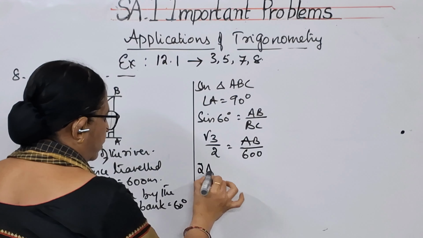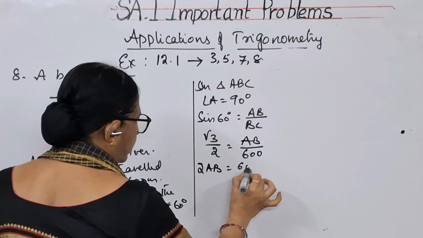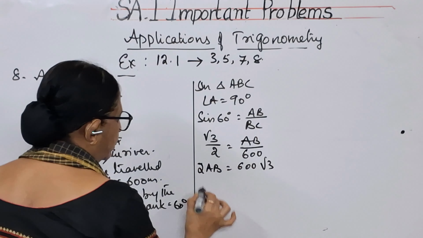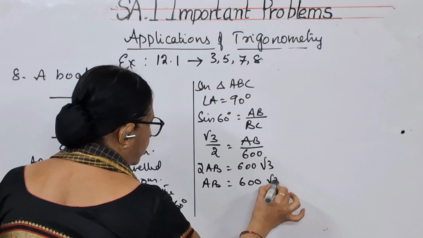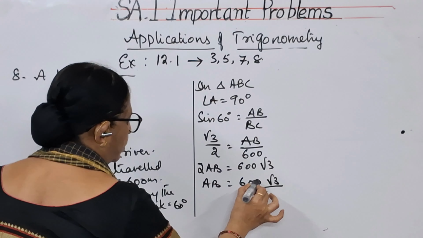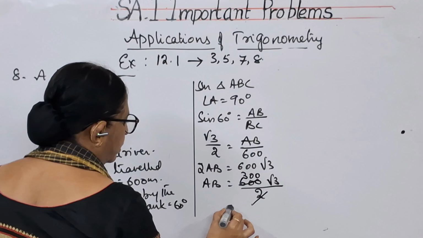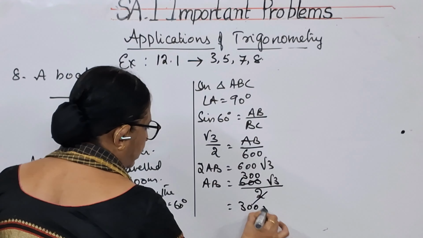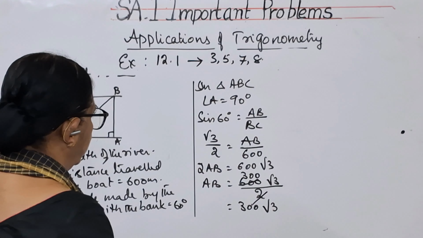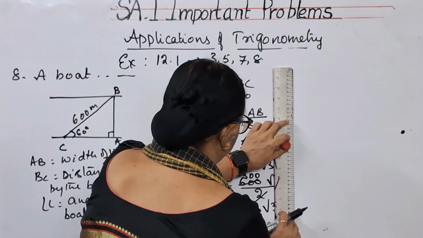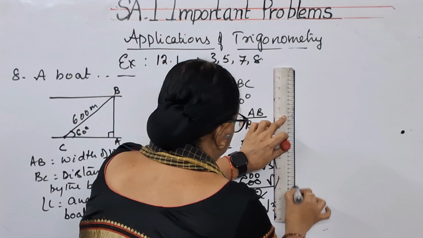So, 2AB is equal to 600 root 3. So, what is AB? 600 root 3 by 2. 2 ones are 2, 2 3s are 6. So AB is 300 root 3. So 300 root 3, you can convert it into meters.